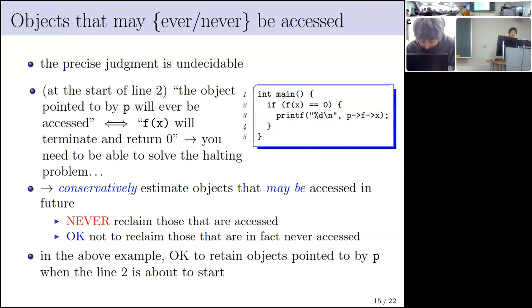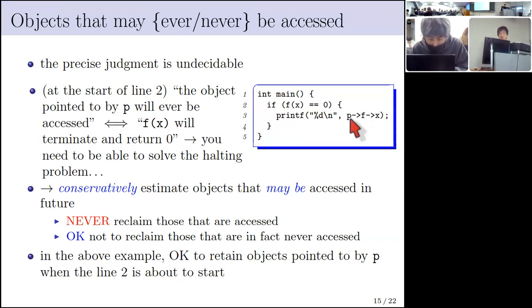So this is actually an undecidable problem, if you have learned something about undecidable problems. Given a function description, even if you know the program body of the function, deciding if f of x ever terminates is undecidable. This is a very fundamental theorem in computer science you should have learned about. If f of x doesn't terminate, then the pointer p is not going to be used, right?